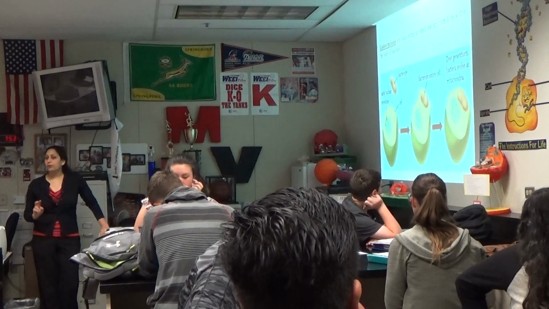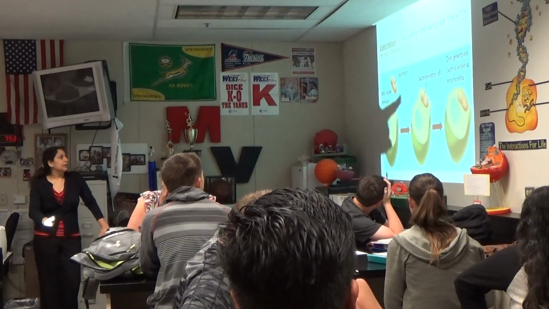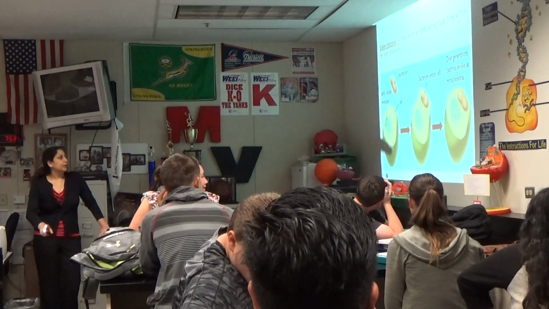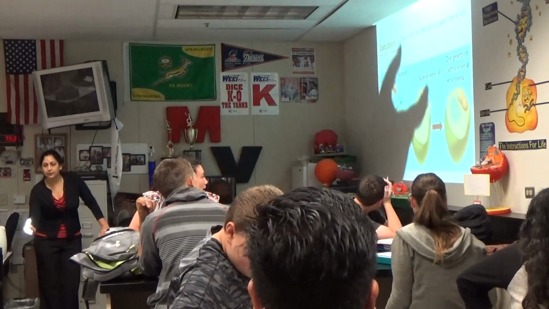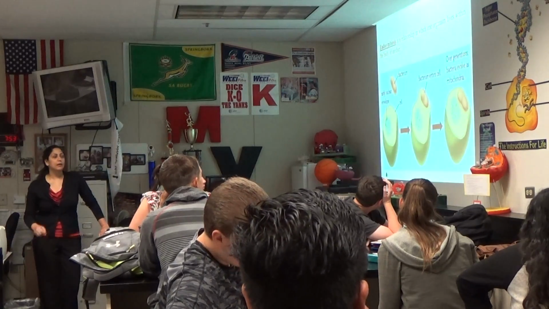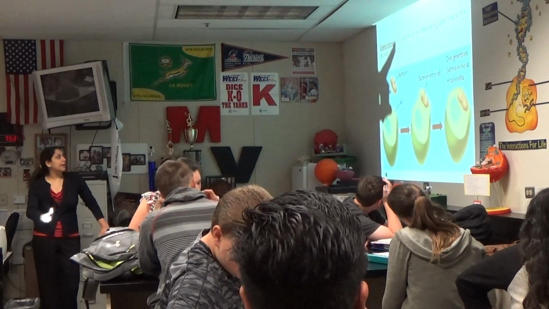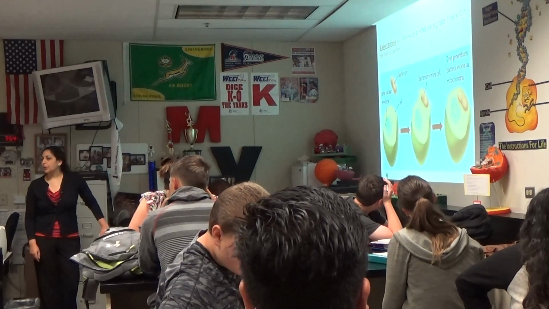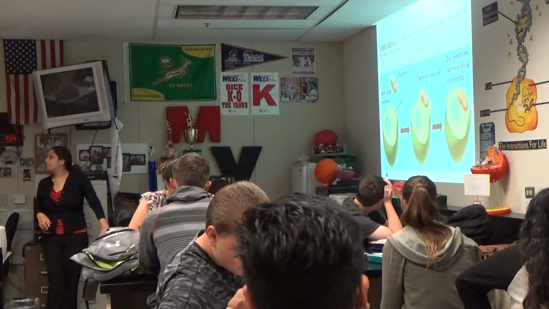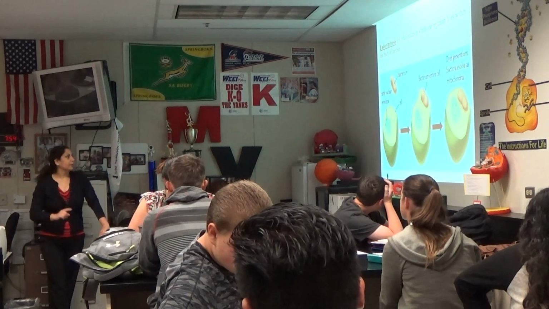So the theory said the eukaryotic cell was able to engulf bacteria, and then over generations, the bacteria evolved as mitochondria. And that is endosymbiosis. So according to endosymbiosis, mitochondria evolved from bacteria.